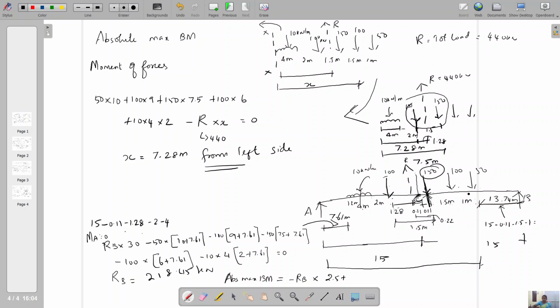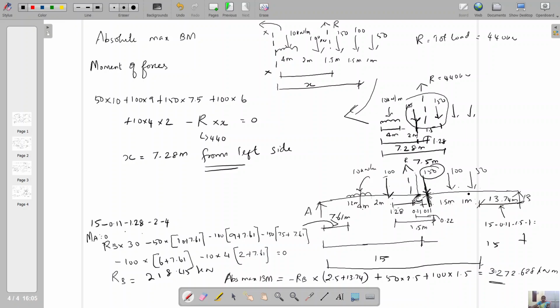So 2.5 plus 13.74. When you consider RB as negative, the loads are automatically positive: 50 into 2.5 plus 100 into 1.5, equal to 3272.628 kilonewton meter.